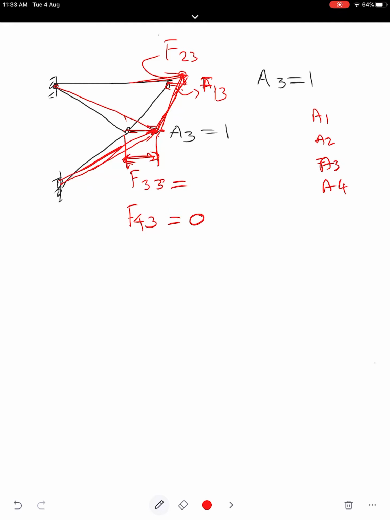Now the next diagram will be the last one. We have to make A4 equal to 1. So we will pull this joint vertically. This joint will be pulled vertically.